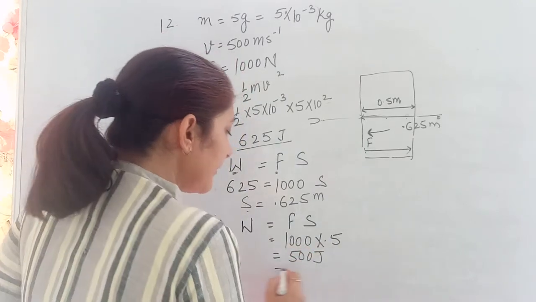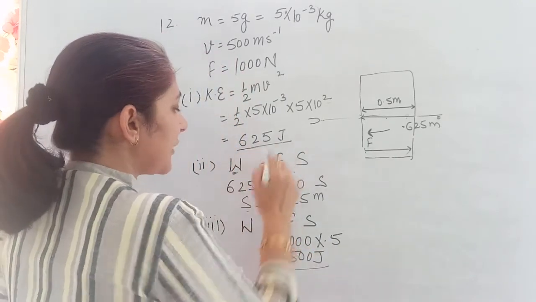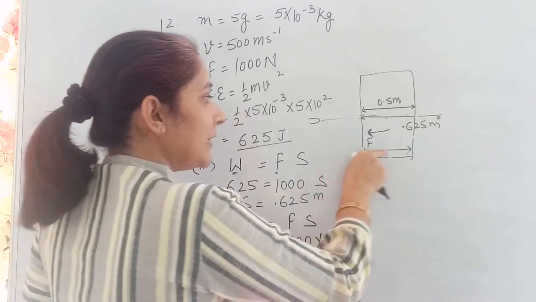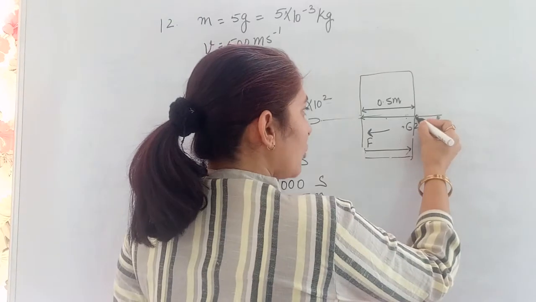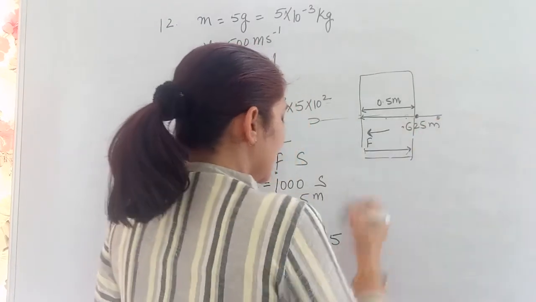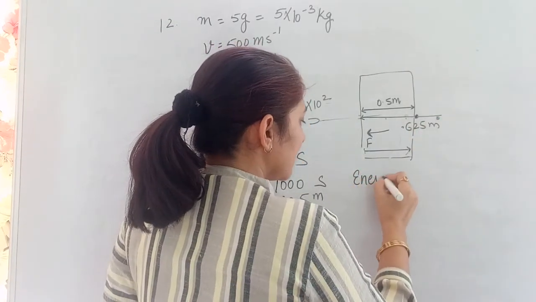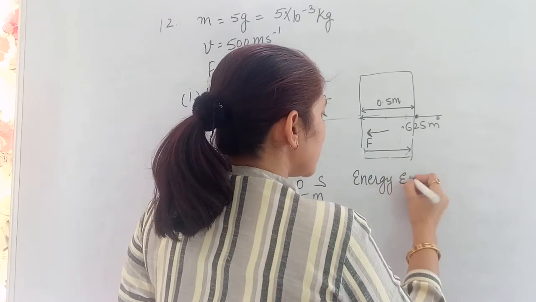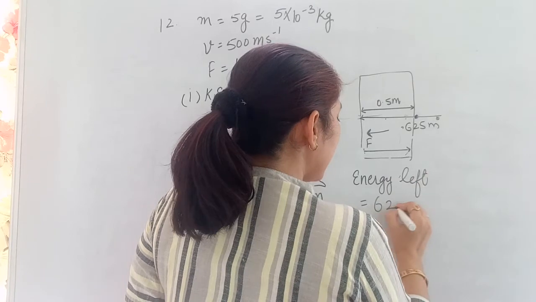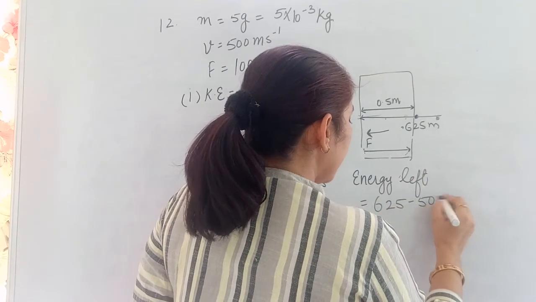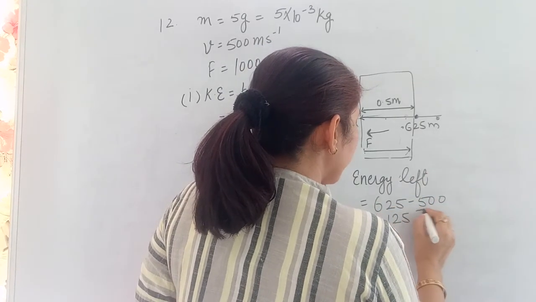Means 500 joules of energy out of 625 is spent while the bullet is moving from the target. Now what energy is left out at this point when it comes out? The energy left when bullet comes out from the target is 625 minus 500, that becomes 125 joules.